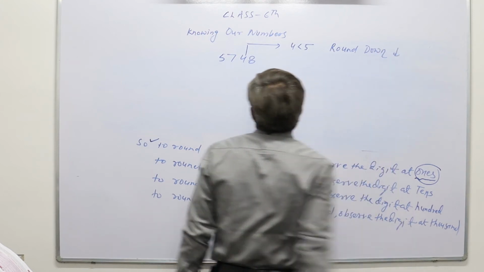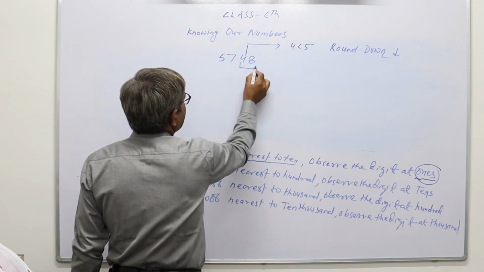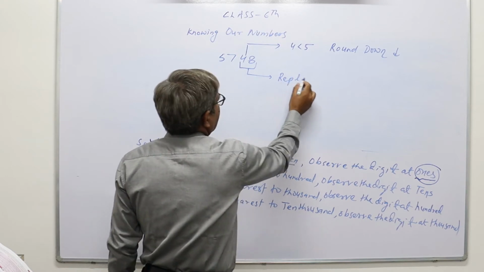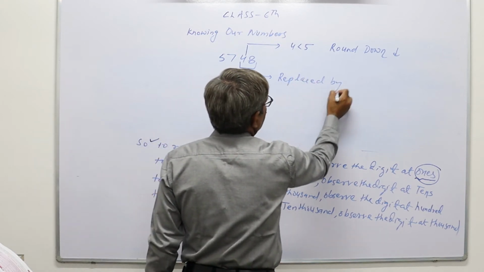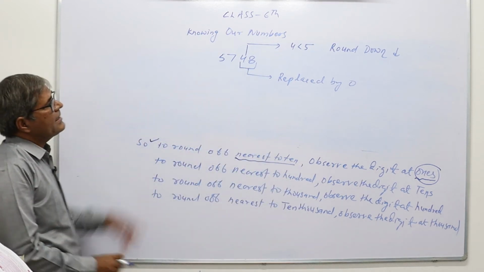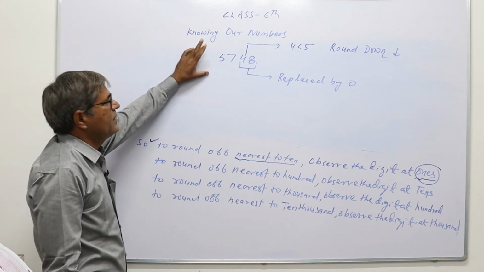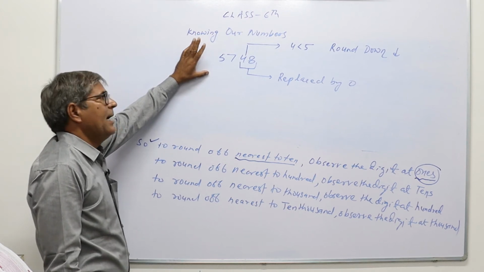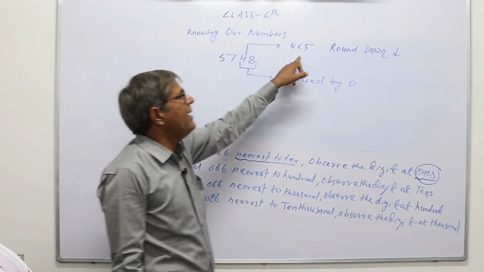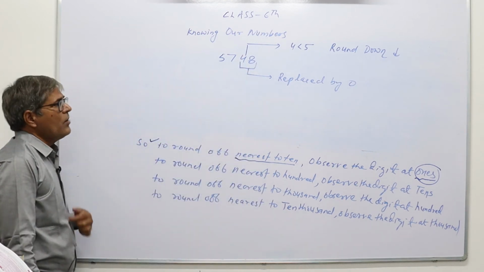Round down. So the digits at ones and tens place will be replaced by 0. You have to round off this given number nearest to 100. We observe the digit at tens place, which is 4, and 4 is less than 5, indicating that you have to round down.